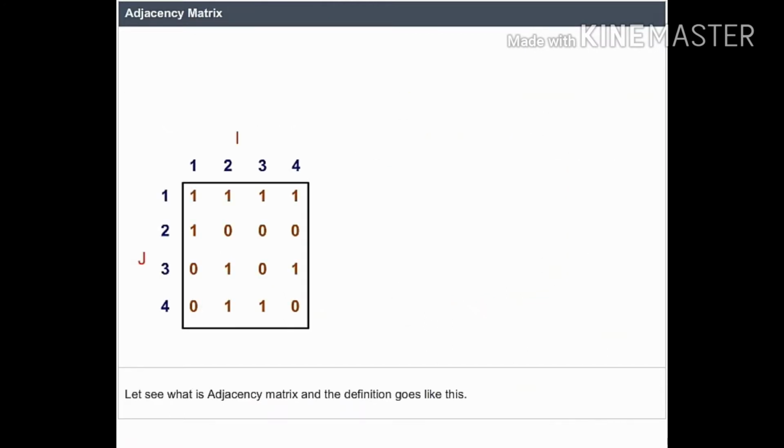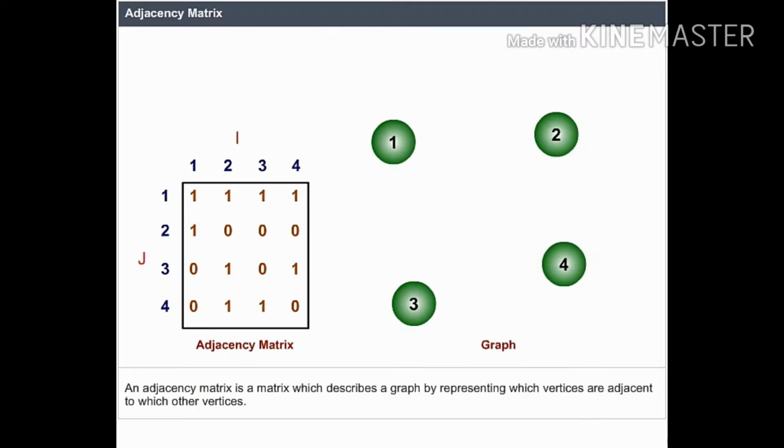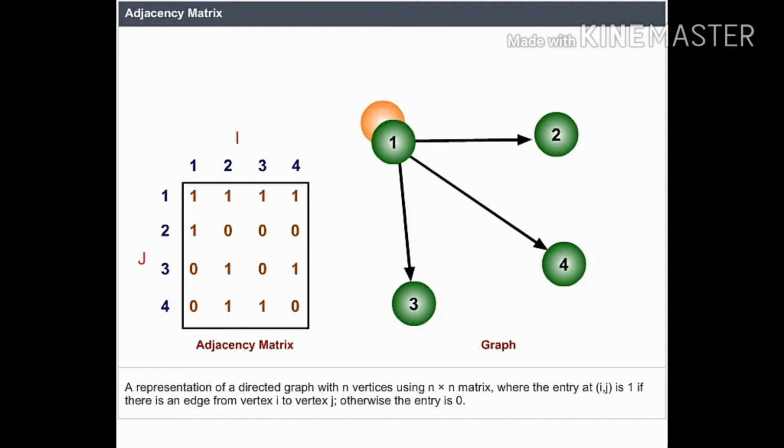Adjacency matrix. Let's see what an adjacency matrix is, and the definition goes like this. An adjacency matrix is a matrix which describes a graph by representing which vertices are adjacent to which other vertices. A representation of a directed graph with n vertices uses an n multiplied by n matrix, where the entry at ij is 1 if there is an edge from vertex i to vertex j. Otherwise, the entry is 0.